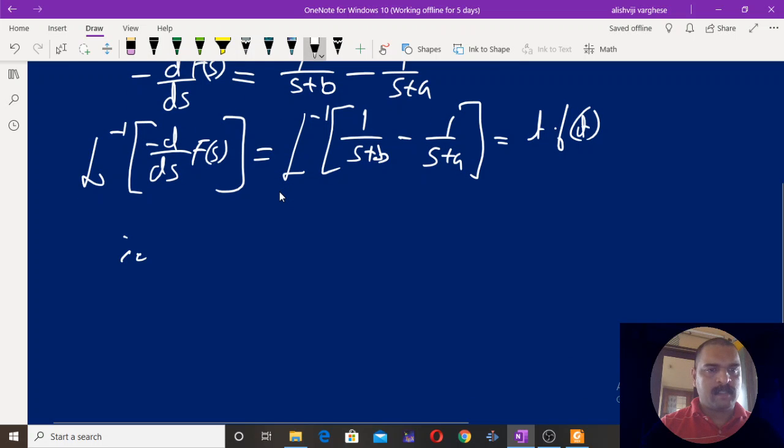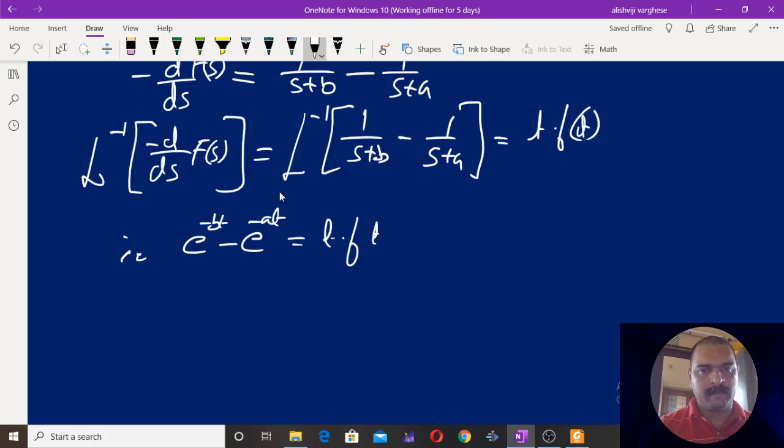And this gives the inverse Laplace transform of 1 by (s plus b) is e raised to minus bt, then minus e raised to minus at is equal to t into f of t.